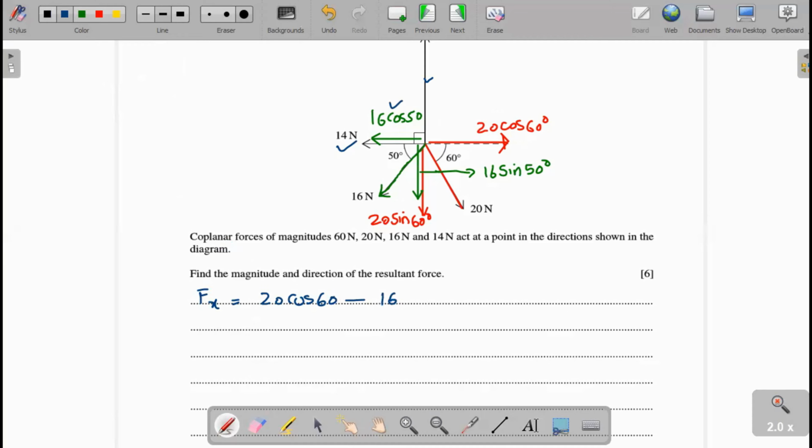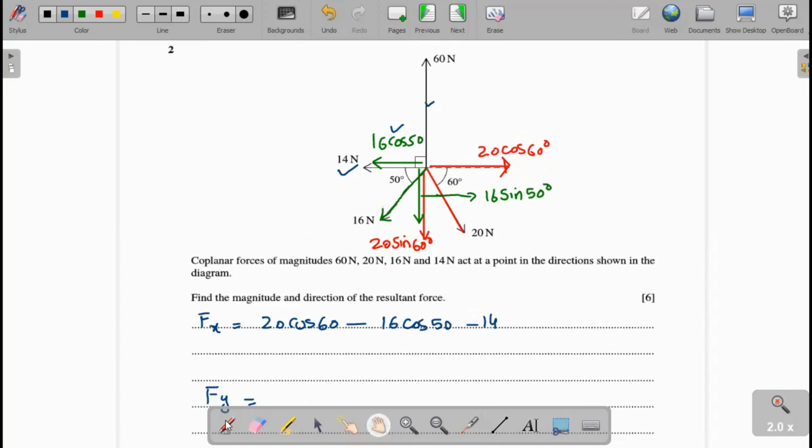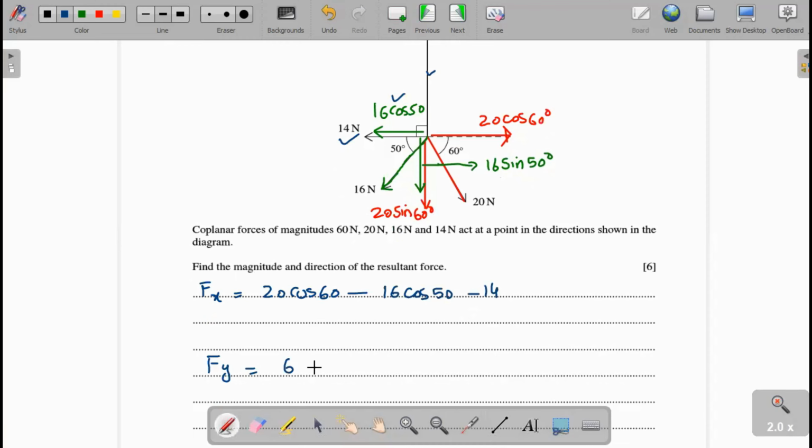Now we write it 16 cos 50 degree minus 40 Newton. And same as we find the y component. So now we can calculate it: 60 Newton minus the downward forces, these are the downward forces in the red, that is minus 20 sine 60 degree, and the force in green color is given here, 16 sine 50 degree. Now we calculate these values.